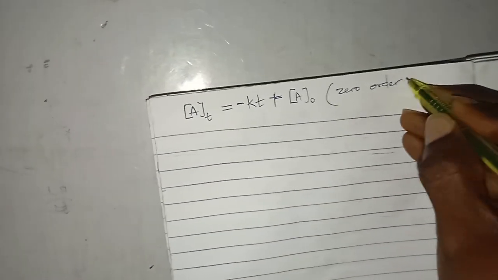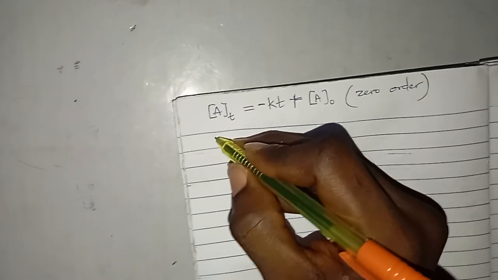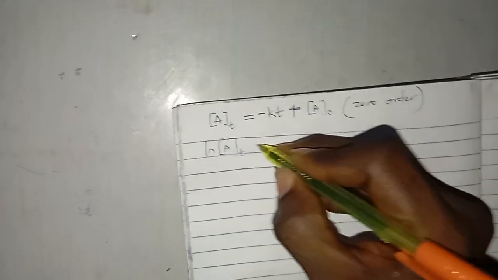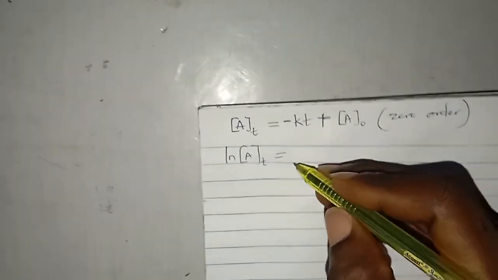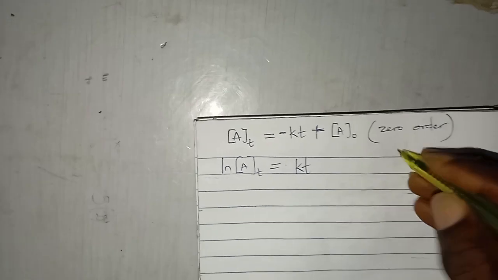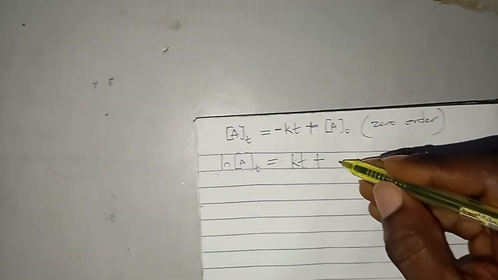Now for first order, we always have ln At equals to kt plus, if you're able to know how we derive this, it won't be a problem, ln of the initial concentration.